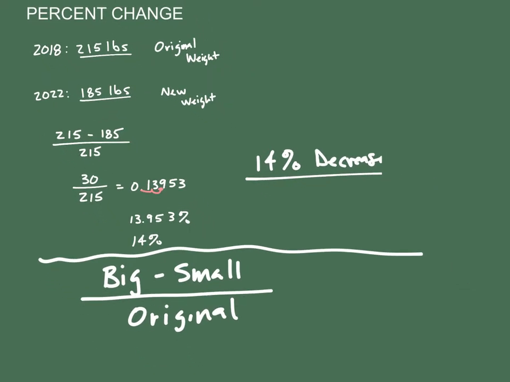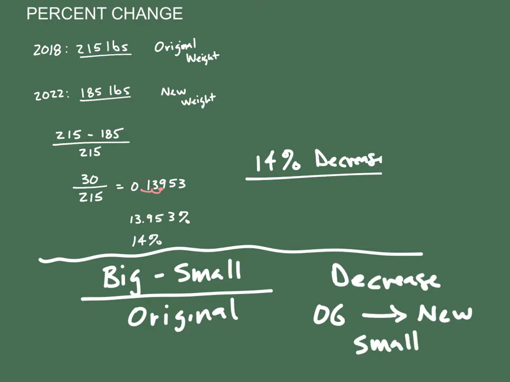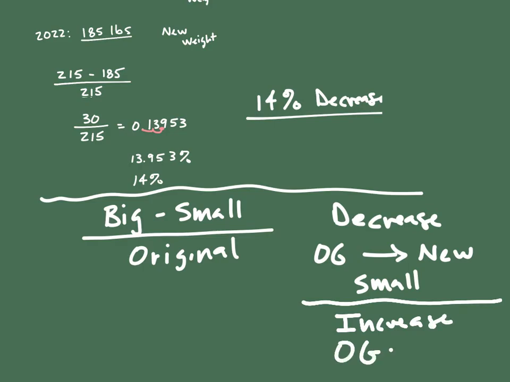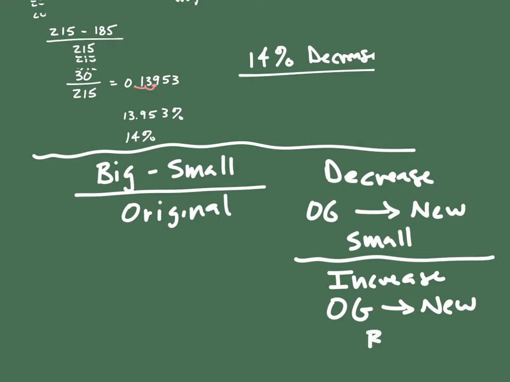A percent decrease happens when the original, the OG, to your new number gets small. If you have an increase, that means that your original to your new value gets big. And that's how we can tell.